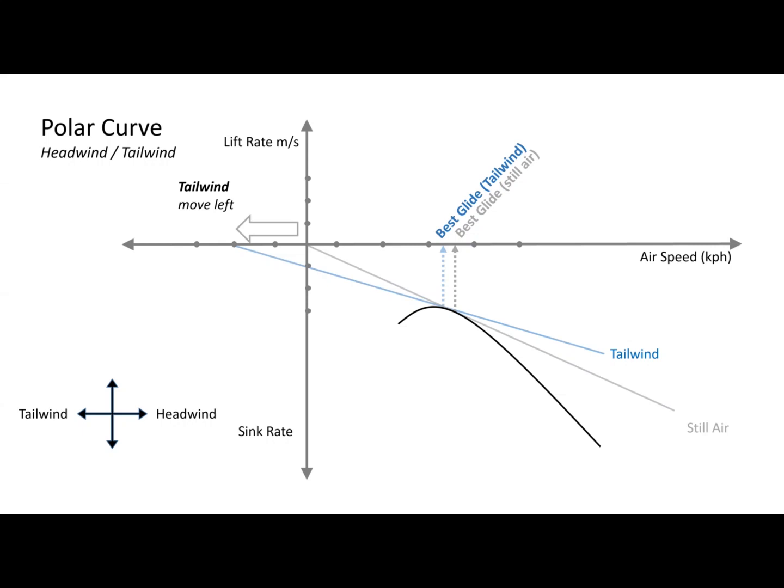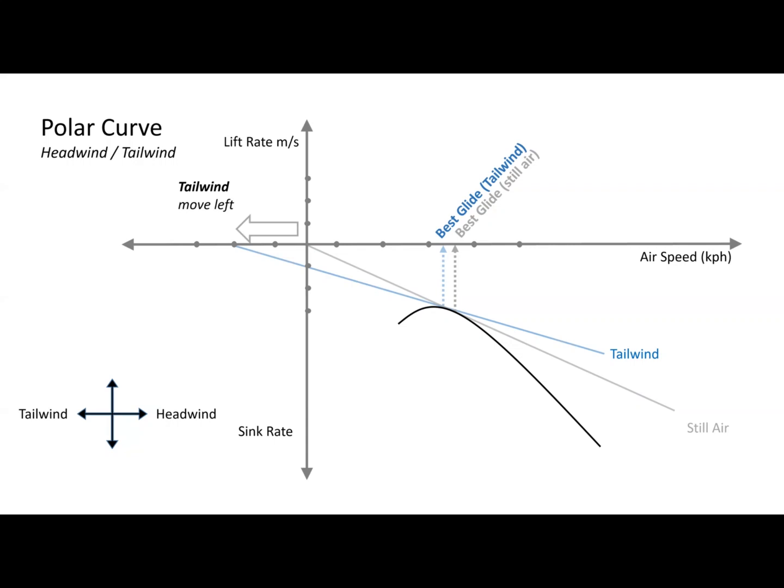This is what you just have to learn. Yes. If you have a tailwind, you move to the left. And you start your point from there and you draw again a tangent to where you just touch your curve, what you will find is in a tailwind, your best glide is a little bit slower. Because it'll be to the left of where it was in still air.